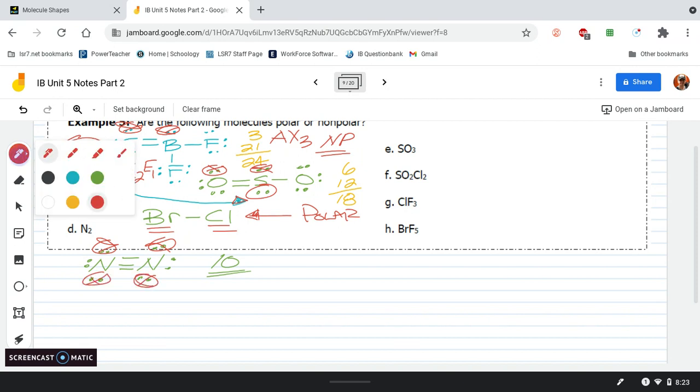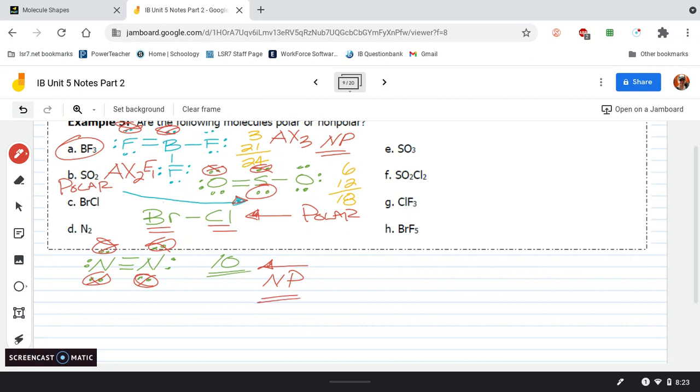Now it's going to be 10: 2, 4, 6, 8, 10. So that's the correct structure, but I didn't really have to draw it because I can look at those two nitrogens, which are identical. I know that the shape is symmetrical. It has no dots on the central atom because it doesn't have a central atom, so I can't even use that rule. So this one right here is going to be non-polar.